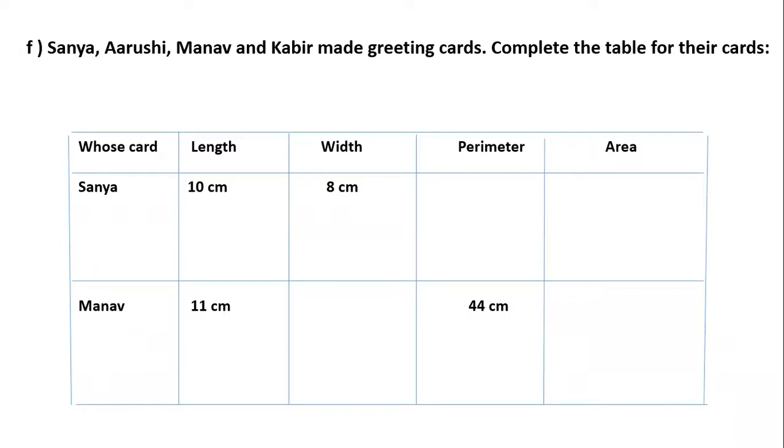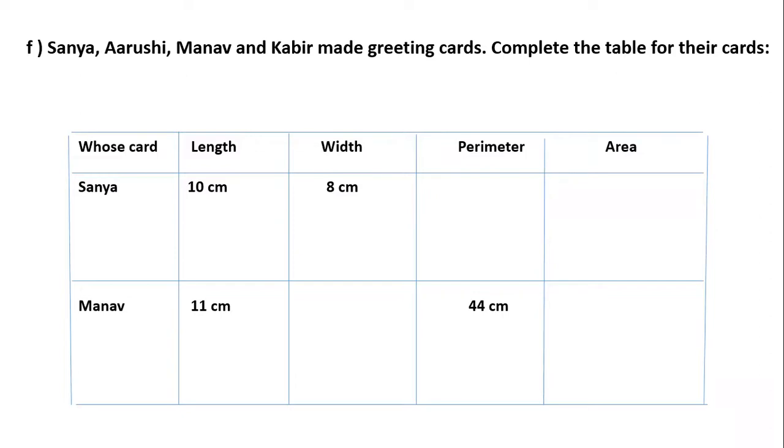What is the area? Length into breadth. Perimeter: 2 into (L plus B). This you already know. Square. Area: side into side. Perimeter: 4 into side. We all know very well.